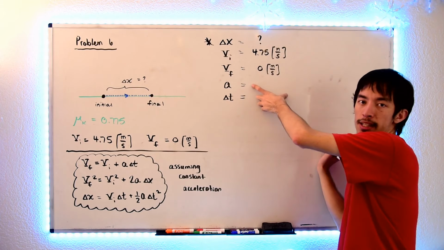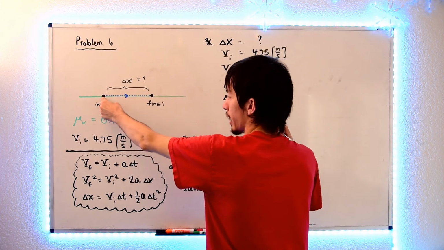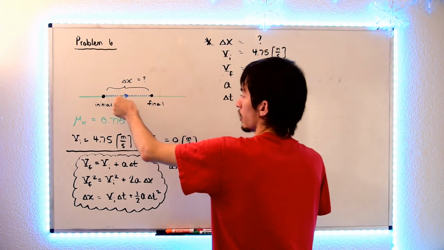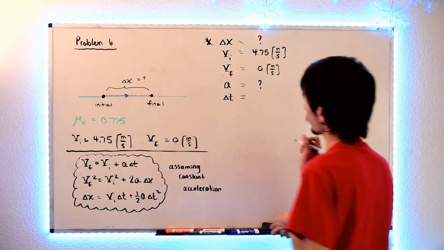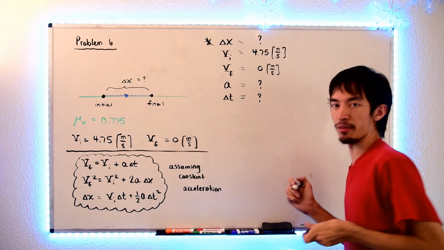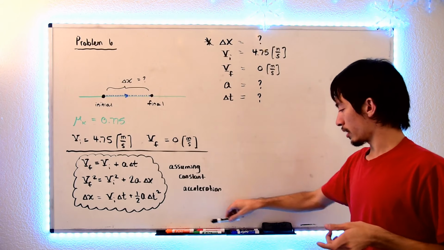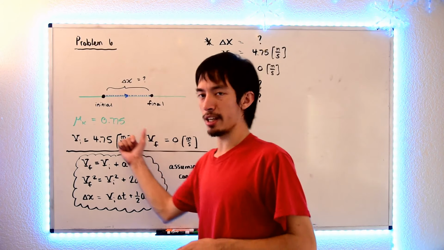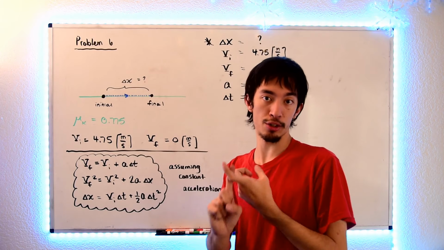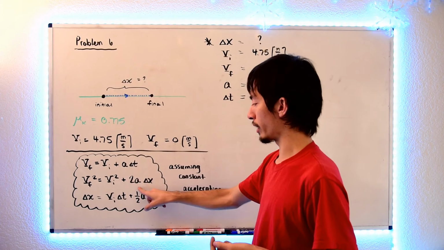We do not know the acceleration that is causing this motion from here to here. So we don't know the acceleration along this path. So that's an unknown. And the time it takes to go from initial to final is also not given. Now, the thing that you have to remember with these kinematic equations is that you always require knowing one particular thing unless you're solving for it, and that is the acceleration.